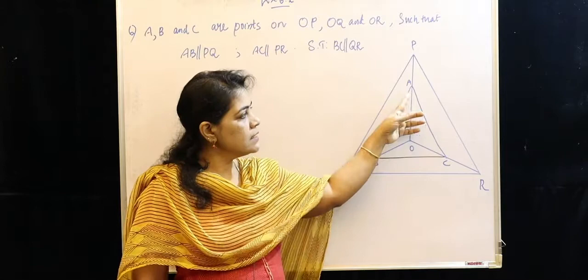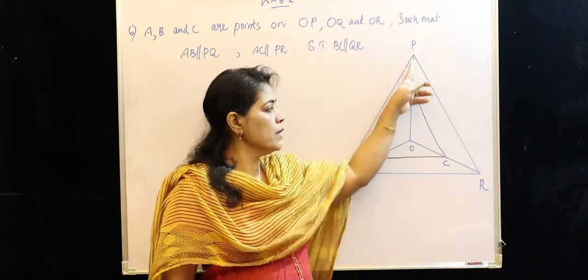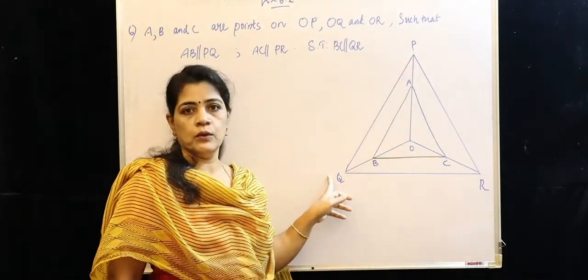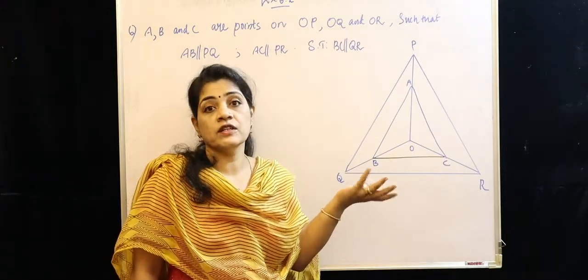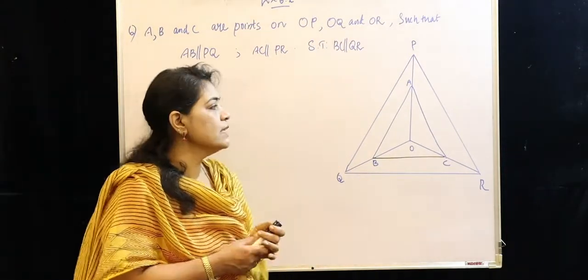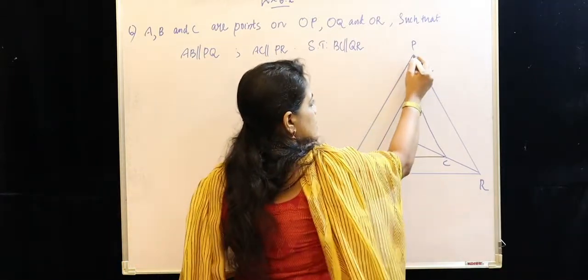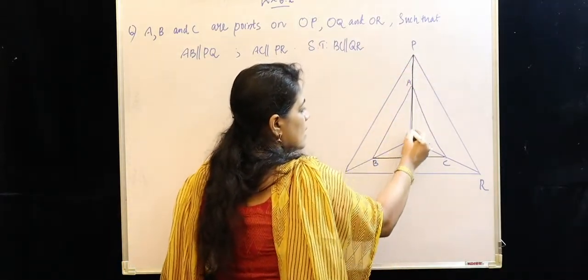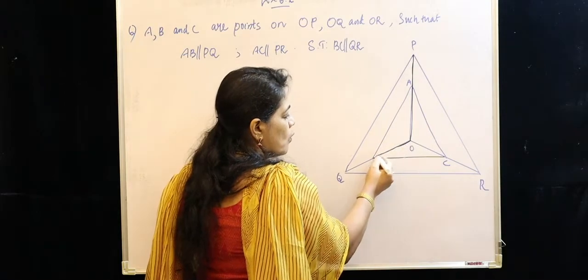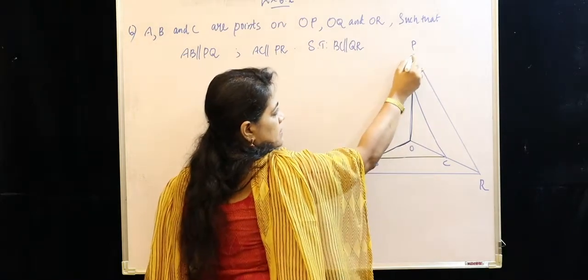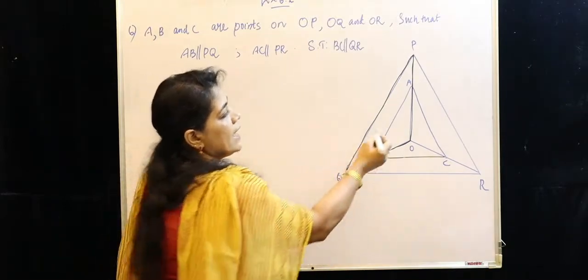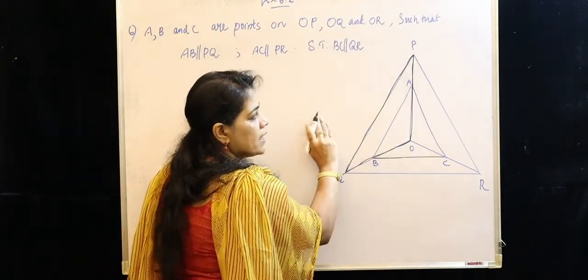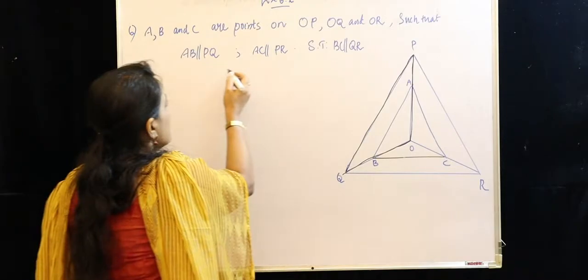See children, this is not triangle PQR, this is triangle POQ. See children, which line is parallel to which side of a triangle? For that you have to first consider triangle POQ, this triangle, children. In this triangle AB is parallel to PQ, that is given.